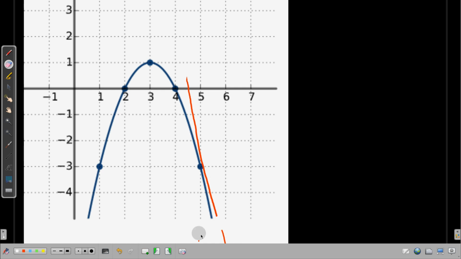If the slope of the tangent line at 5 was going to be -2, then it would have to be the case that it intersected this point. And it doesn't. Because that's what it would mean to be -2. Here's over 1 and down 2. And it just doesn't go through that point. It's a little tricky. That one's probably -3.